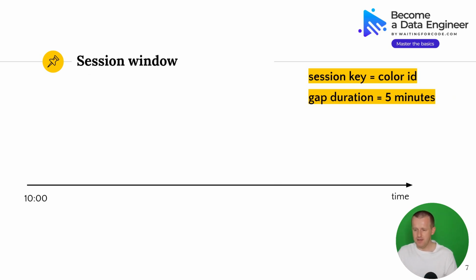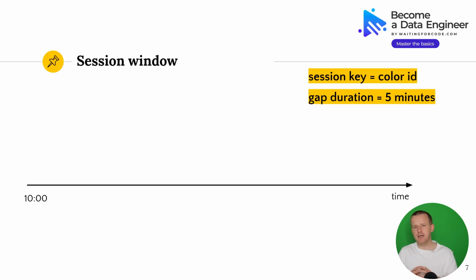And the third type is the session window. The session window is similar to the case we saw previously with arbitrarily stateful processing, when we were rebuilding user navigation. Here it's automated. We define the key of our session, and we also define the gap duration.